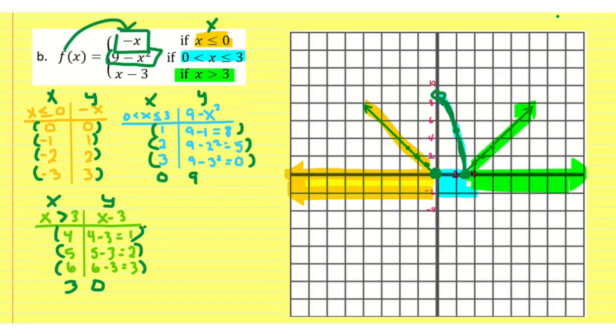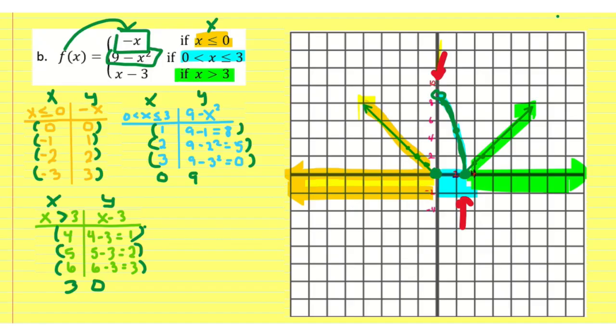But it will continue. These will all continue. The only piece in the middle will not continue on. It starts right here with an open circle at greater than 0, and it stops and is equal to the 3 right there.